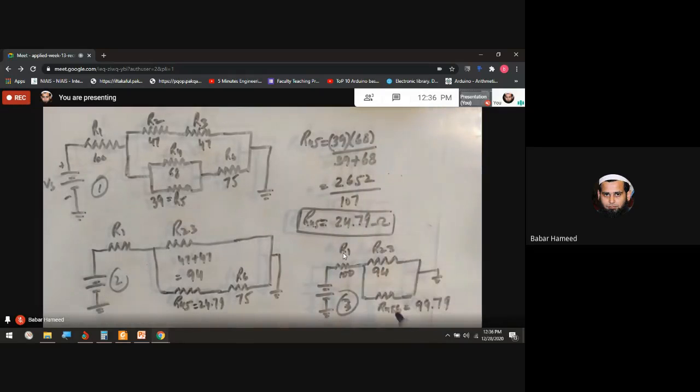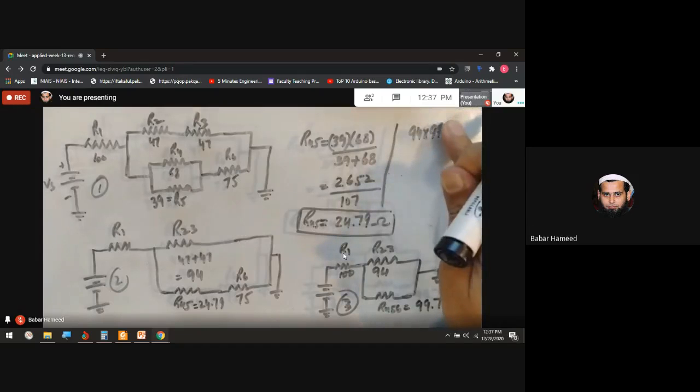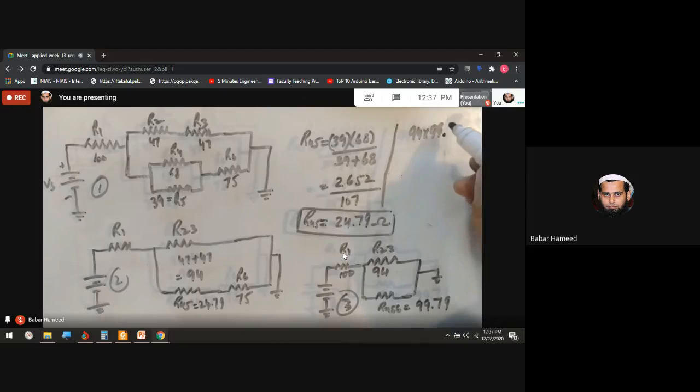Now these two resistances are in parallel. So 94 times 99.79 divided by 94 plus 99.79.